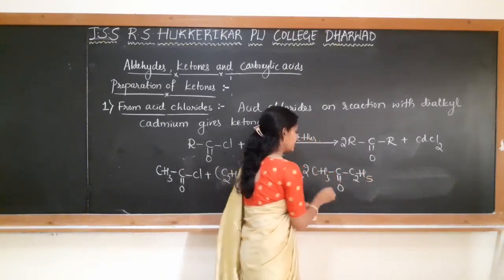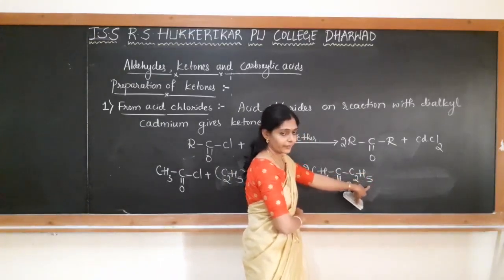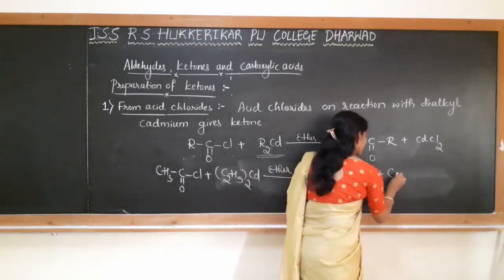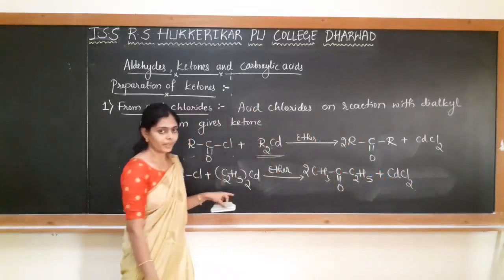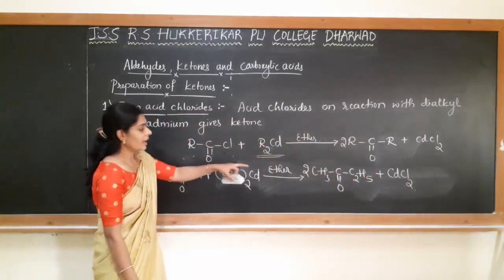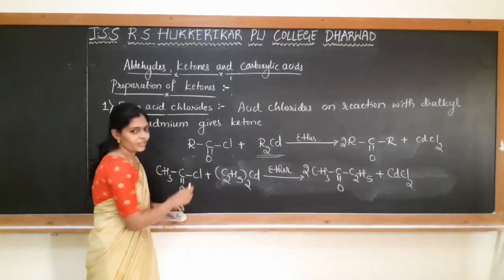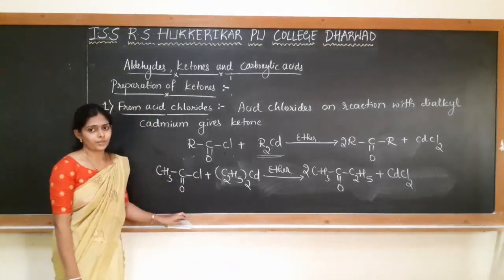Okay, so you can write it as CH2CH3 or C2H5. Butan-2-one is formed as a product and cadmium dichloride will be the byproduct. Okay, so this is how we can prepare aliphatic or aromatic ketones depending upon the reagents used. This is the first method of preparation of ketone.